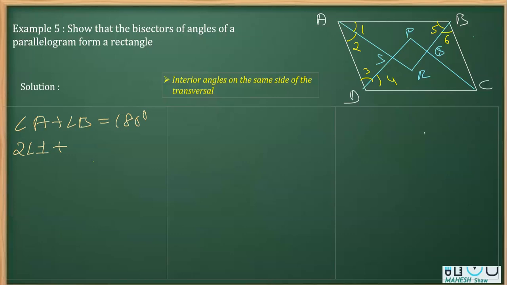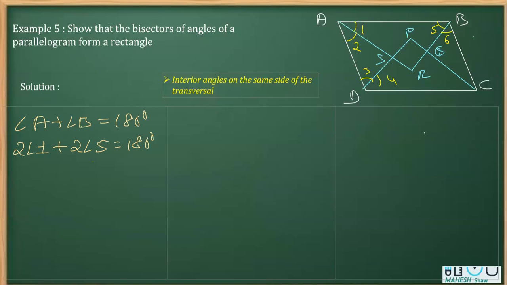And likewise, I can replace angle B as twice angle 5, is equal to 180 degrees. Now, the question arises, why have I not taken twice angle 2 or twice angle 6? Because I'm going to target this angle and I'm looking for this angle to prove 90 degrees. That's why I've taken angles which comprise this triangle.